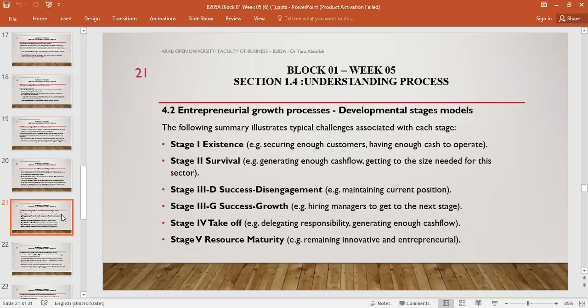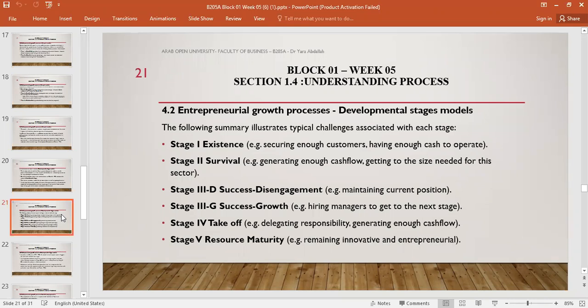What does it mean if you succeeded? It means you reached a certain level of growth. If you maintain your current position, we call this success disengagement. But if you grow more than this, we call it success growth. This is why stage three contains success disengagement and success growth.